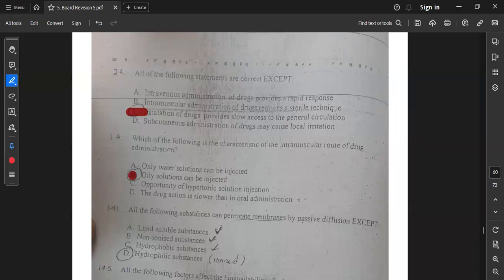All the following substances can permeate membranes by passive diffusion except... Dr. Shina is asking about other characteristics, I'm guessing, of drugs that are administered by the intramuscular route.